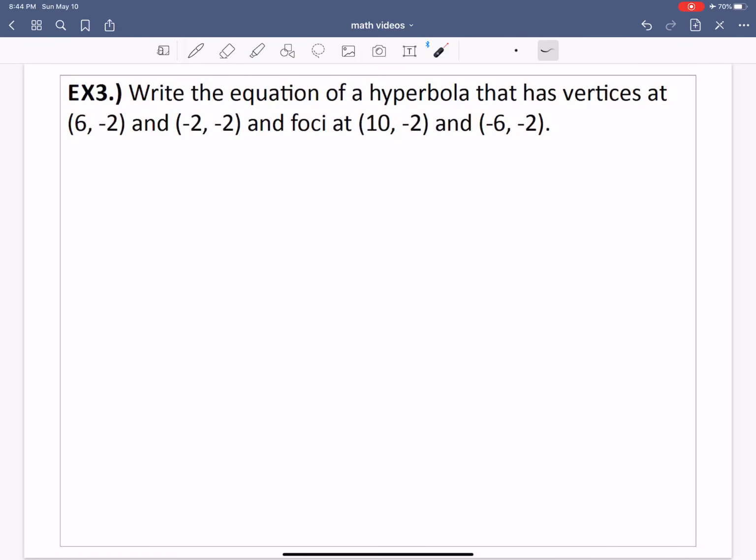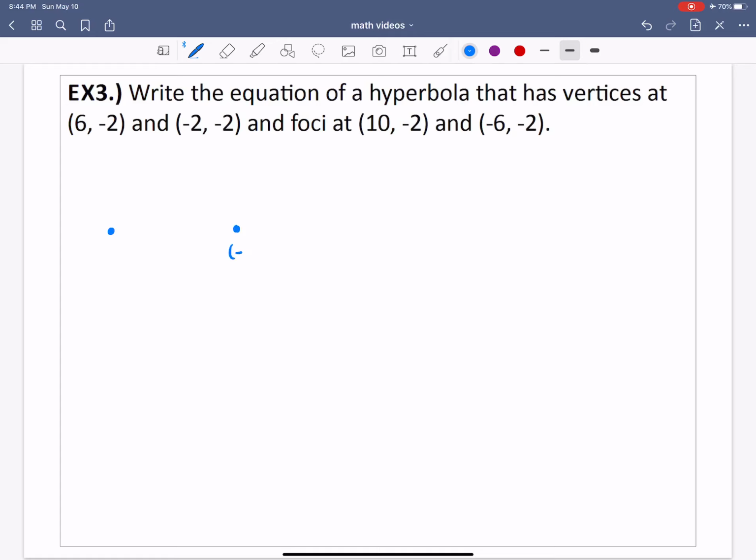It says write the equation of a hyperbola that has vertices at 6, -2, and -2, -2, and foci at 10, -2, and -6, -2. Okay, so we've got a lot of info here. So let's go ahead and start building a picture of what's given to us. Vertices at -2, -2, and 6, -2.